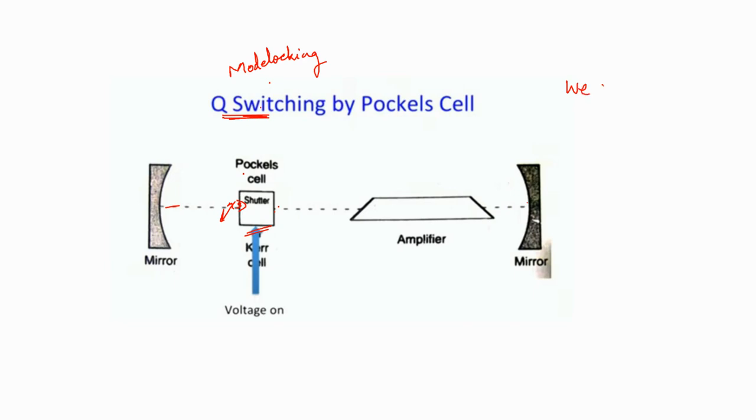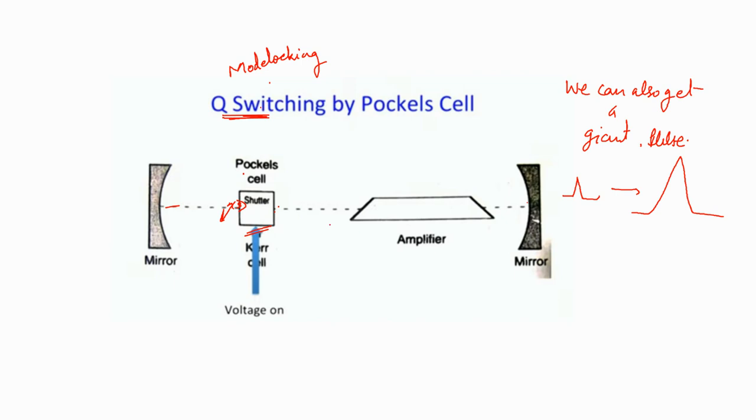Through Q switching, we can also get a giant pulse. If we feed it with some intensity, what we get in the output is something with a very high intensity.